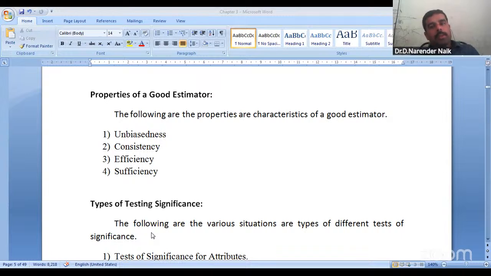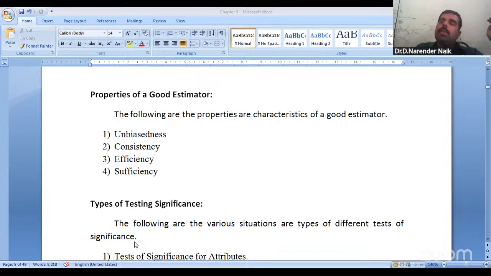Then consistency. The data should be consistent.